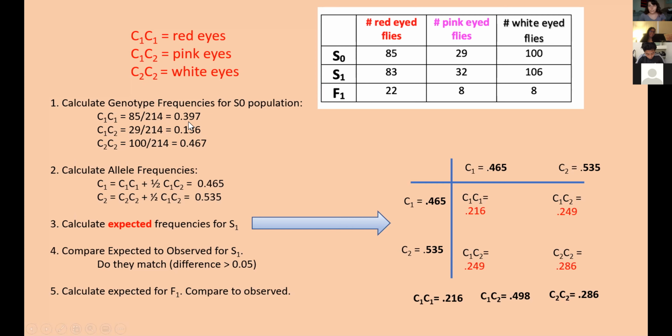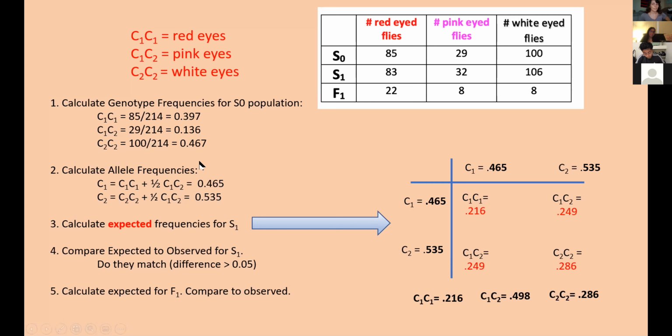Now, what are the allele frequencies? So remember, we talked a little bit at the beginning about the difference between genotypes and alleles. And here, there are 3 genotypes and only 2 alleles, C1 and C2.